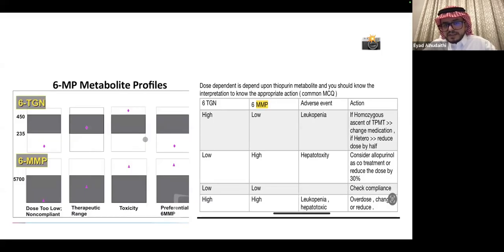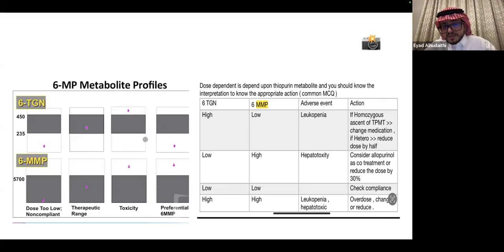If you have high 6-TGN and low 6-MMP, the adverse event is leukopenia. And if you have the result back of the TPMT genotype, and if you have a homozygous, you cannot continue on the medication. But if you have a heterozygous, you can reduce by half.